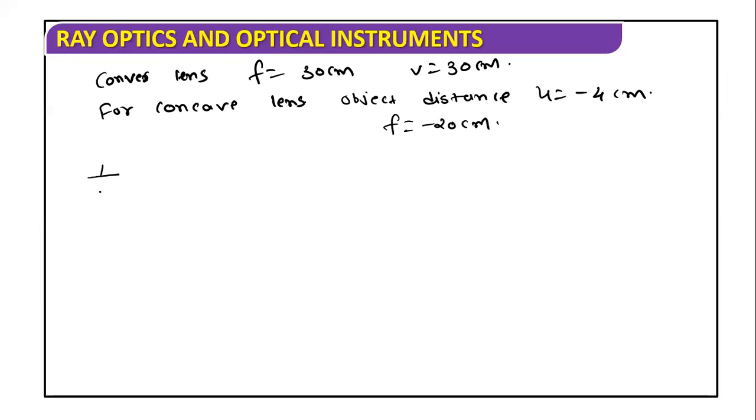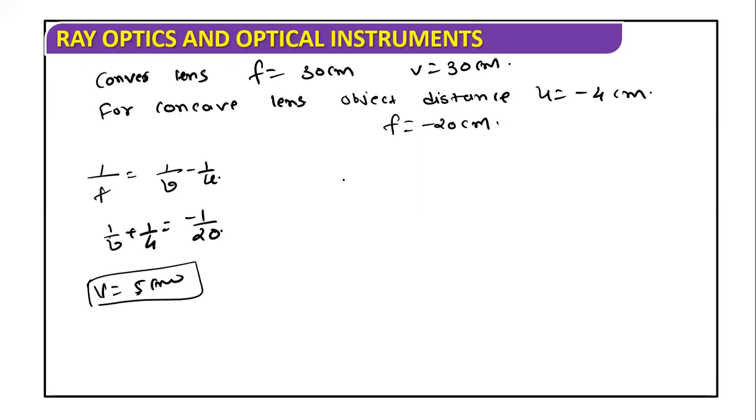We can use the lens formula: 1 by f is equal to 1 by v minus 1 by u. So 1 by v plus 1 by 4 will be equal to minus 1 by 20 for concave. From this we will get v is equal to 5 centimeters.